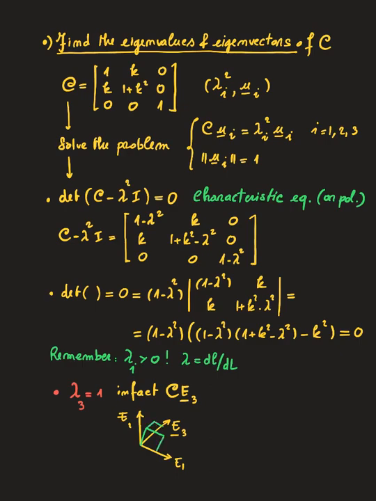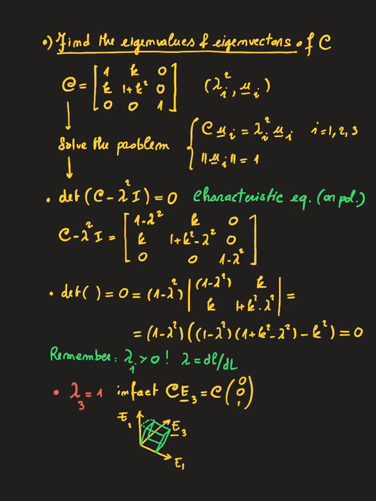But if I apply C to the direction E3, which is the unit vector, if you prefer I can write it more clearly, 0, 0, 1, right?